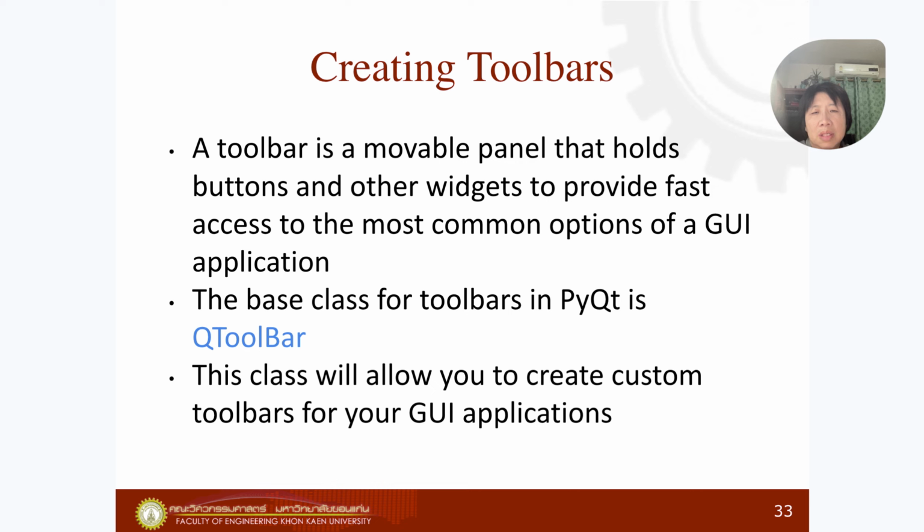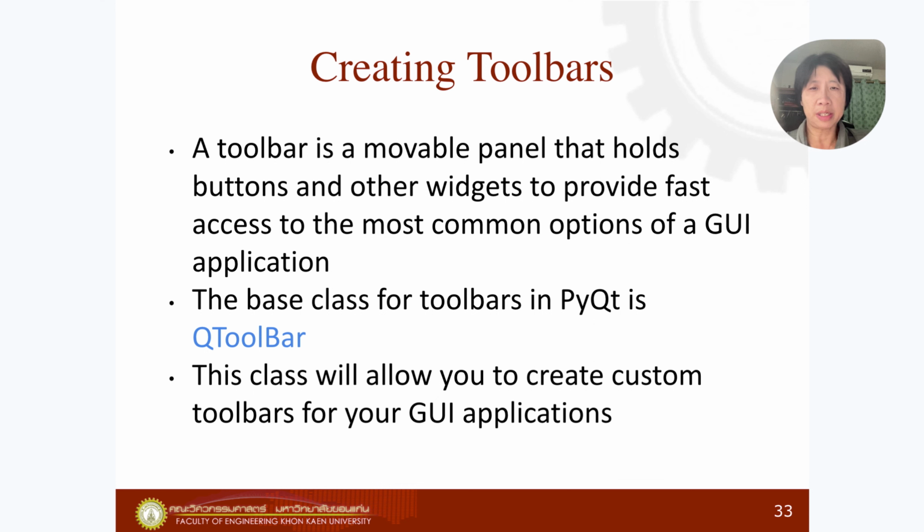The toolbar is a movable panel that holds buttons and other widgets to provide fast access to the common options of a GUI application. The base class for toolbars in PyQt is QToolBar. This class will allow you to create custom toolbars for your GUI applications.